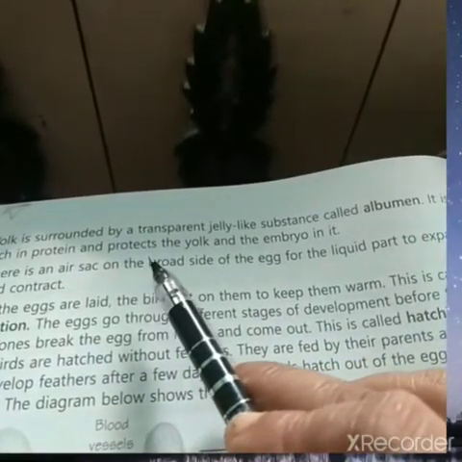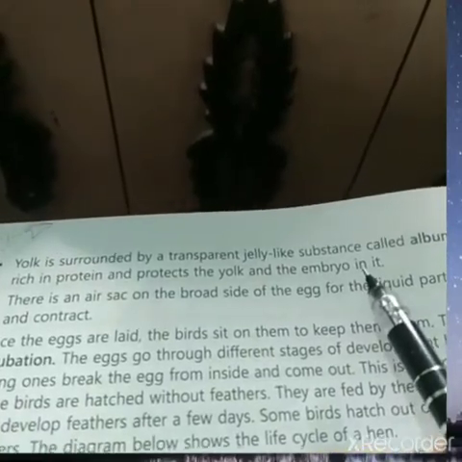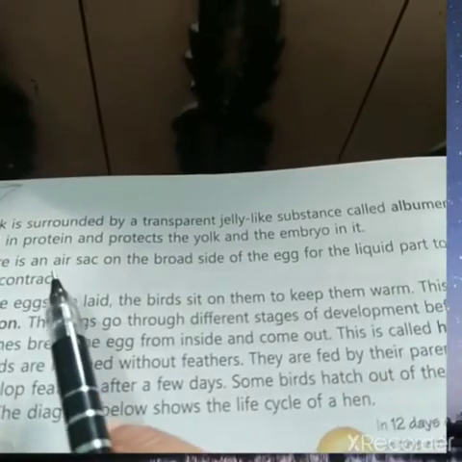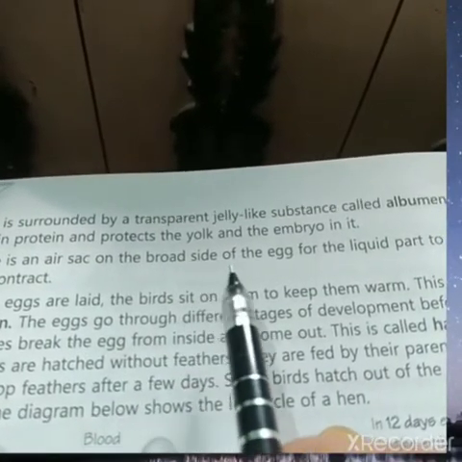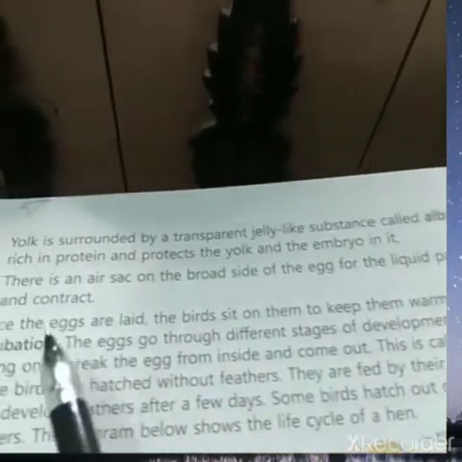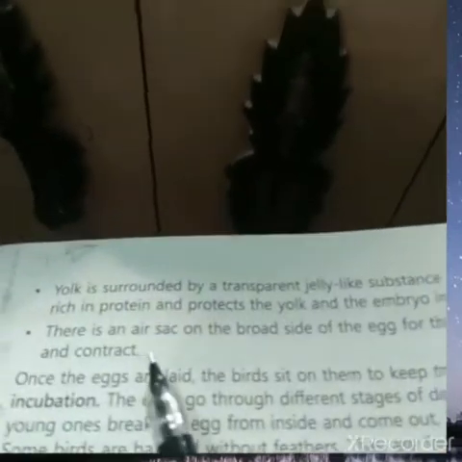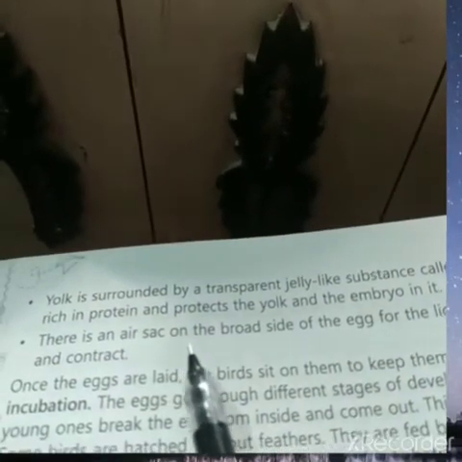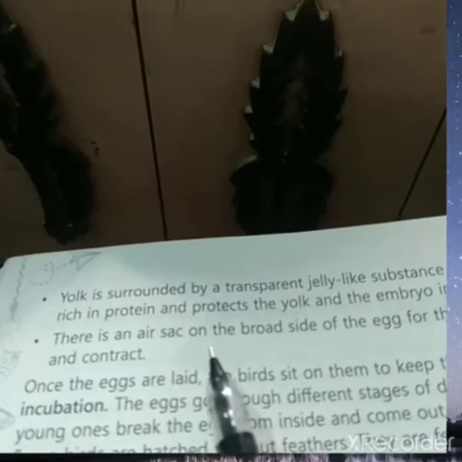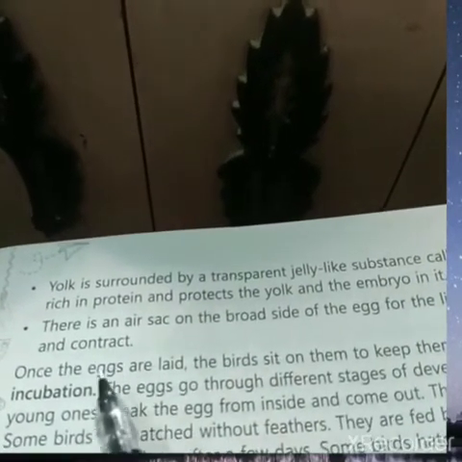It is rich in protein and protects the yolk and the embryo in it. There is an air sac on the broad side of the egg for the liquid part to expand and contract.